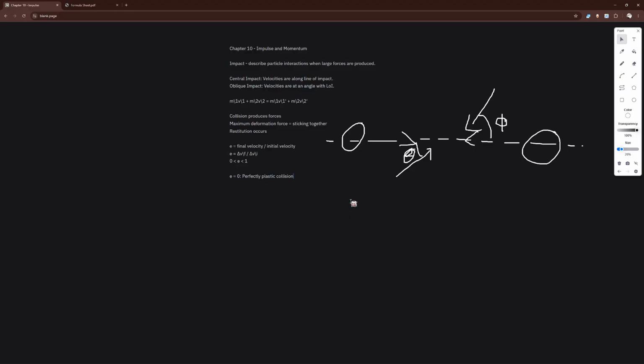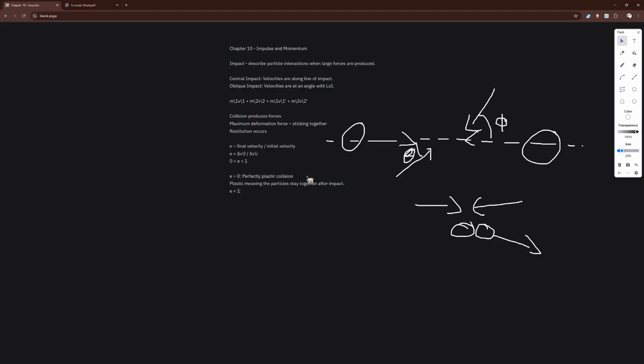And when something is perfectly plastic, they stay together after collision. So ball 1, ball 2 collide, and now they become one thing, and they go off this way, for example, right? That is a perfectly plastic collision. Plastic meaning the particles stay together after impact, right?